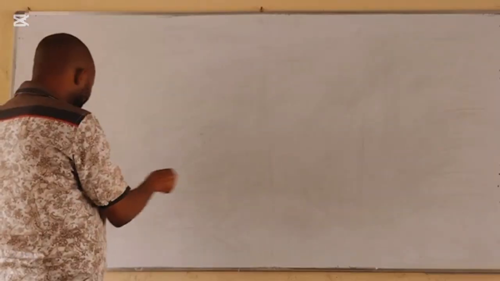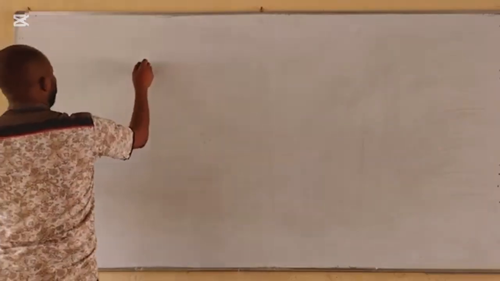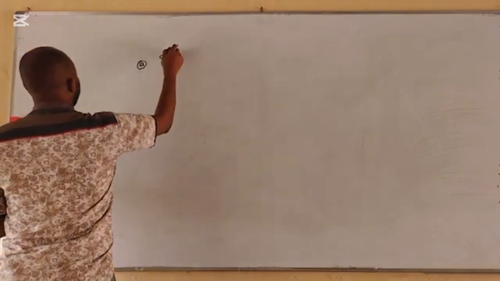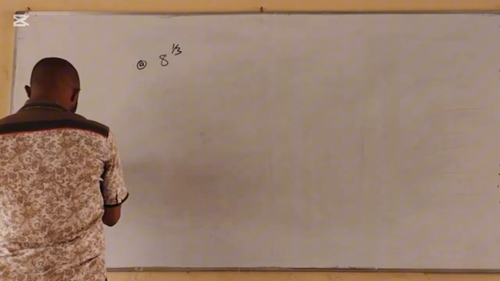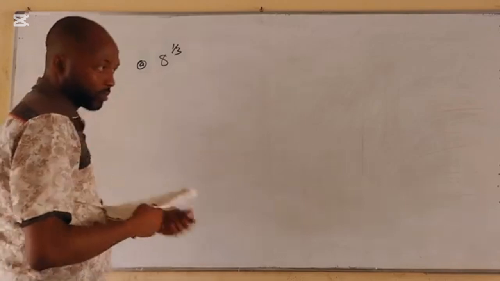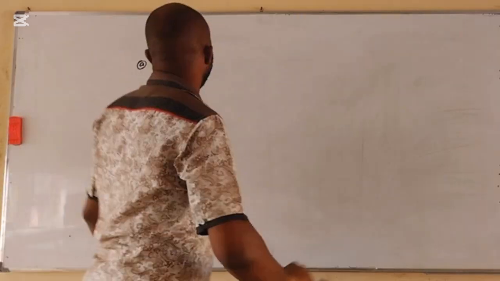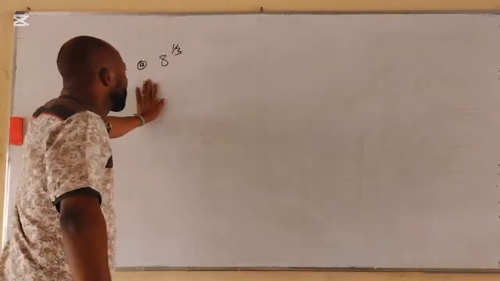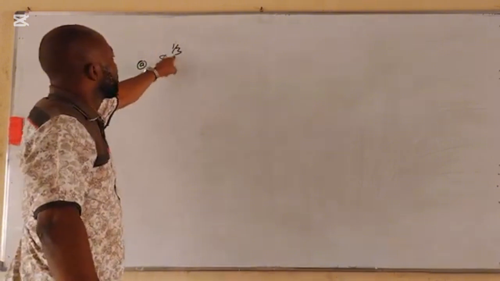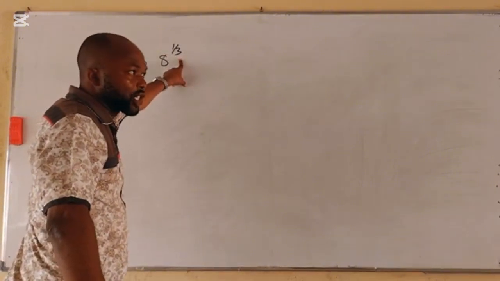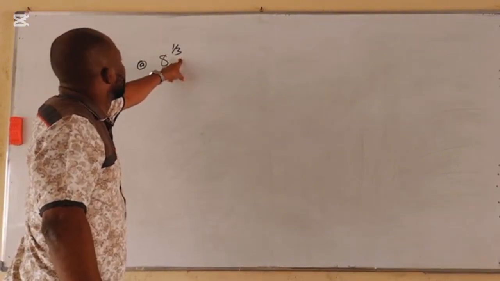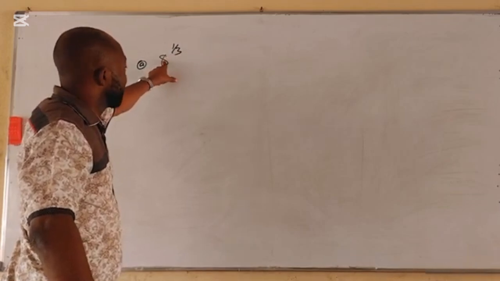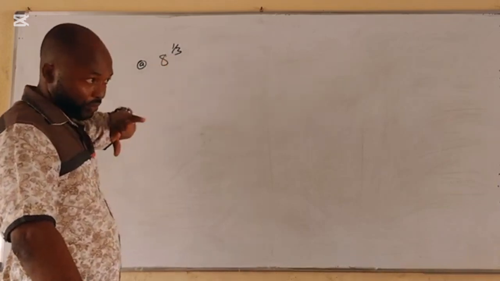We should evaluate 8 raised to the power 1 over 3. Now, there are 2 ways we can solve this. We look for the cube root because it's over 3 in fractional index. So we can look for the cube root of 8, which is 2.